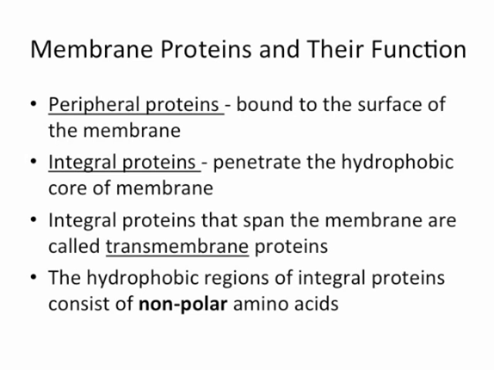So in this transmembrane protein, the amino acids making up the inside of this region are going to be polar, but the amino acids making the outside of this region are going to be nonpolar. The inside of that channel protein is going to be made of polar amino acids.